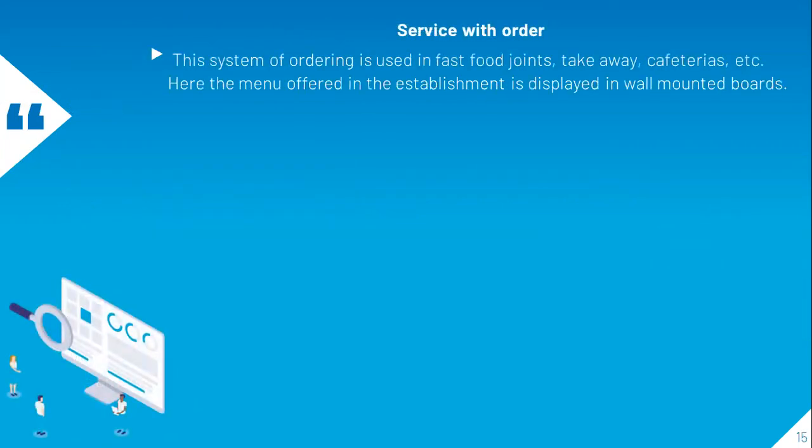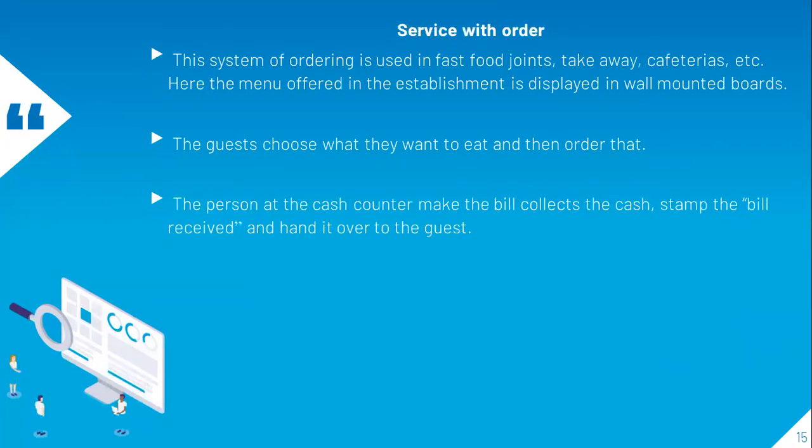Service with order. The system of ordering is used in fast food joints, takeaway, cafeteria. Here, the menu offered in the establishment is displayed in wall-mounted boards. The guest will choose what he wants to eat and then place an order for it. The person at the cash counter will make the bill and collect the cash.